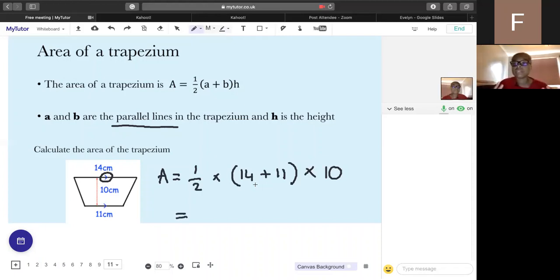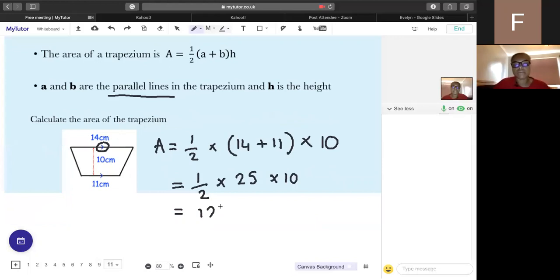Now BIDMAS, we need to do the brackets first. So we're going to do 14 plus 11, so we get 25. So we've got a half times 25 times 10. So our answer is going to be 125. Remember it's area, so we need our units. They gave us centimeters, so our area is going to be centimeters squared.